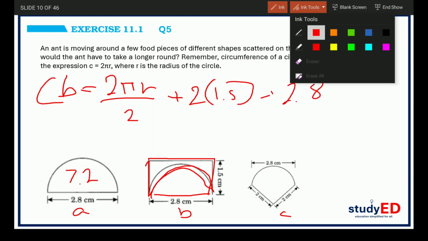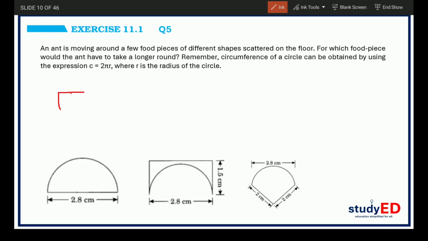Okay, so let's simplify this step by step. Again, it's going to be pi r for this one. And since it pretty much has the same diameter here, we're going to put that as 4.4 because this 2.8 and this 2.8 is the same measurement. So we just put that out. Now for the entirety, we have 1.5 into 2, both sides circumference.